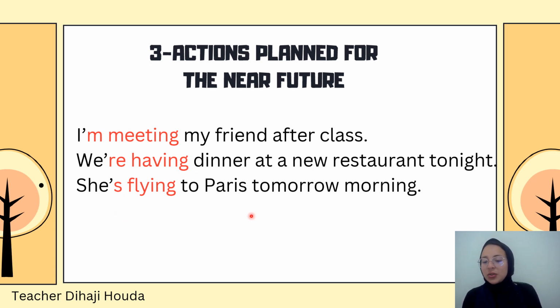So instead of telling you she's going to fly to Paris tomorrow morning, the purpose here is to convey the message that there is not too much time between the moment when I'm telling you the message and the moment when the action will happen. So it's near future, it's very close. This is why I am using here the present continuous instead of the future simple. And we will see the future tense in the next videos, inshallah.